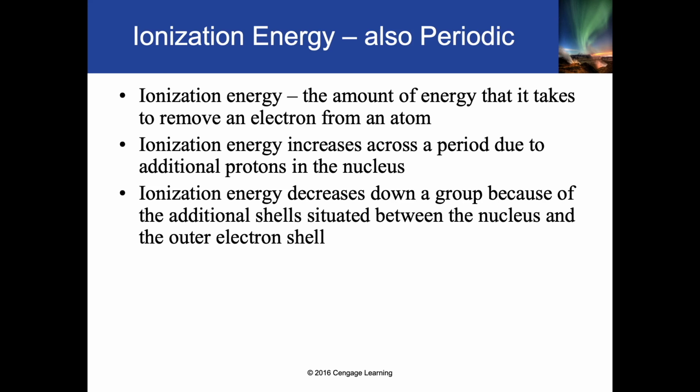Whereas when you're closer to the top of the periodic table, the electrons are much closer to the nucleus. The attractive force of the nucleus, because of the protons in there, makes it a little bit harder to remove an electron.